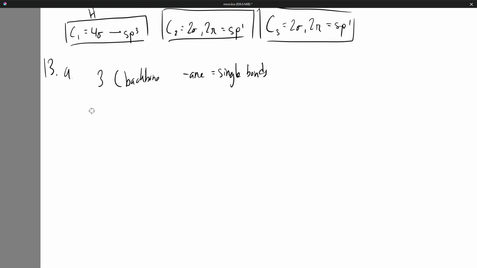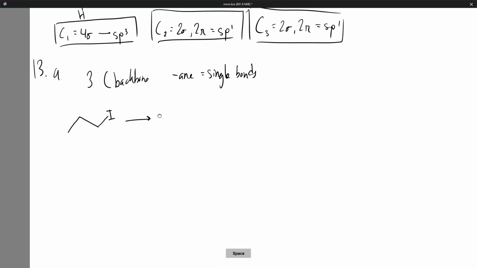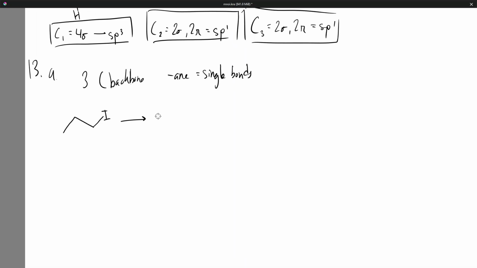Okay, so 3 carbon backbone is 1, 2, 3, that's it. And the iodine is just right here. Doesn't matter whether it's here on the right or here on the left, since either way it starts at the first branch.